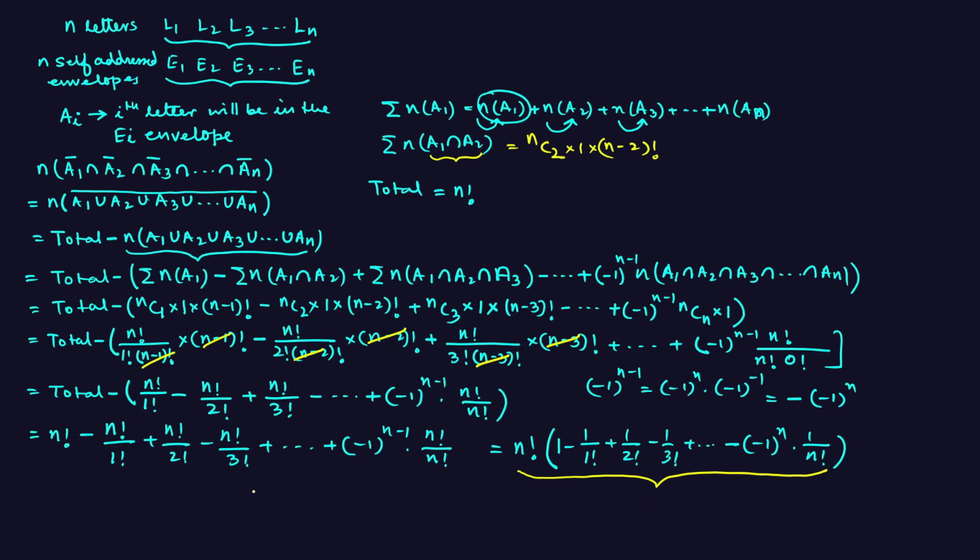And it is denoted by Dn. So what is Dn? Dn is factorial n into 1 minus 1 by factorial 1, plus 1 by factorial 2, and this thing goes on, minus 1 to the power n into 1 by factorial n. That's it. Is it clear to all? We have to remember this formula.